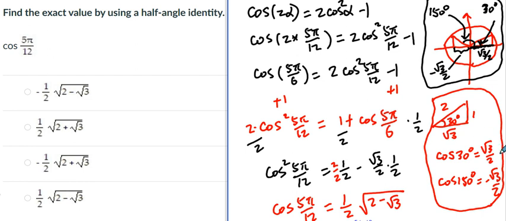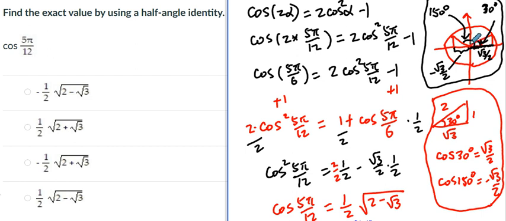So cosine is radical 3 over 2. It's basically right here, this black part is radical 3 over 2. And then this side and this side are symmetric with respect to the y-axis, so this will be negative.